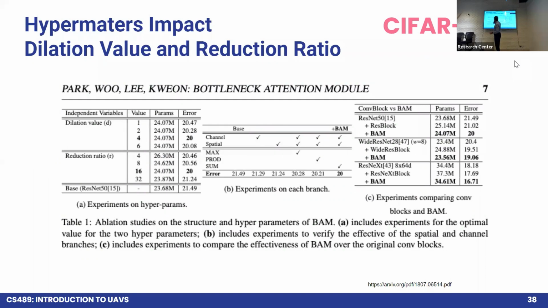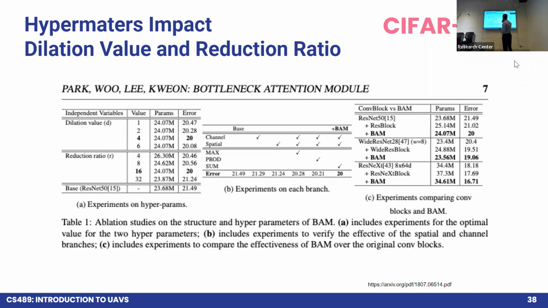And finally, they found 4 gives the least error, because now what they wanted to do is find the best hyperparameters, take them, and compare with other algorithms. For the reduction ratios, they tried 4, 8, 16, 32, and they used 16 because it also gave the lowest value. And the base ResNet gives 21 or 41.